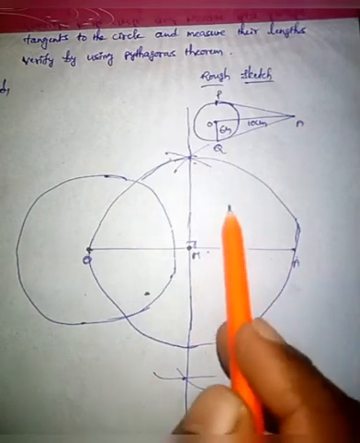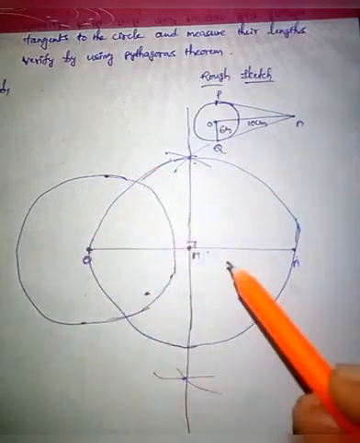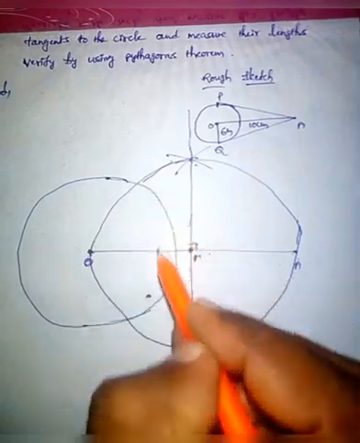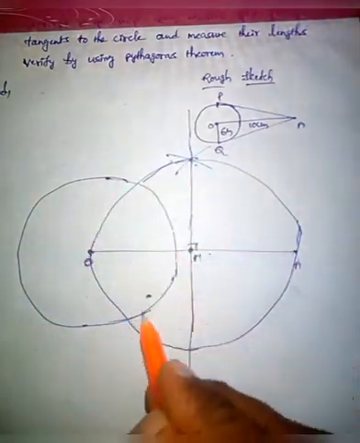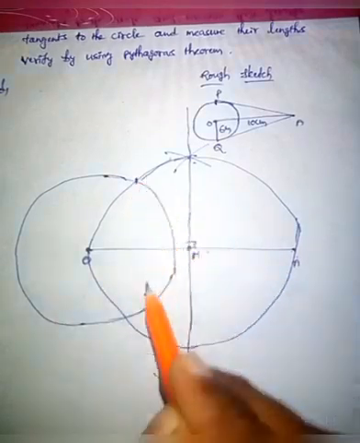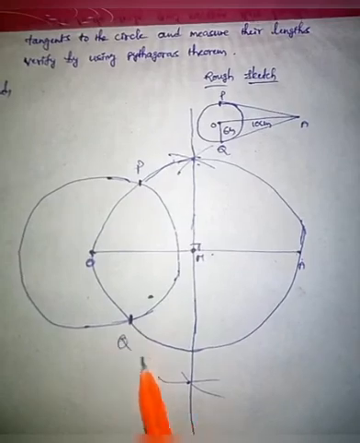Okay, so the second circle will be like this. Now mark the intersecting points of two circles. If you observe this, these two circles intersect at these points, and name these points as P and Q.